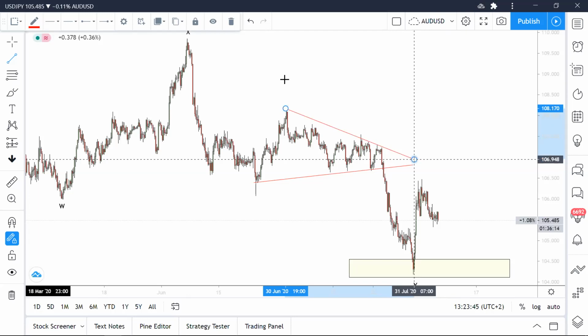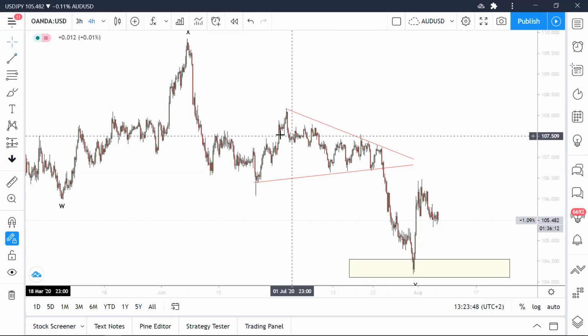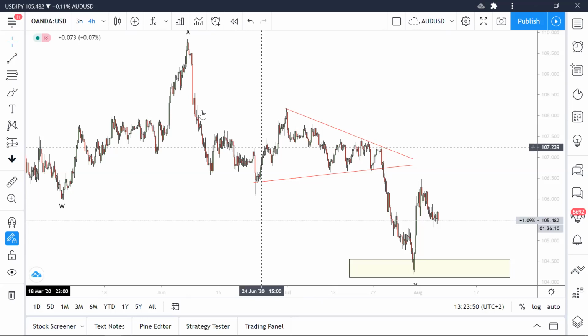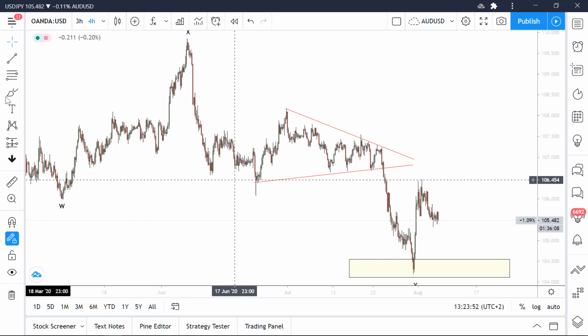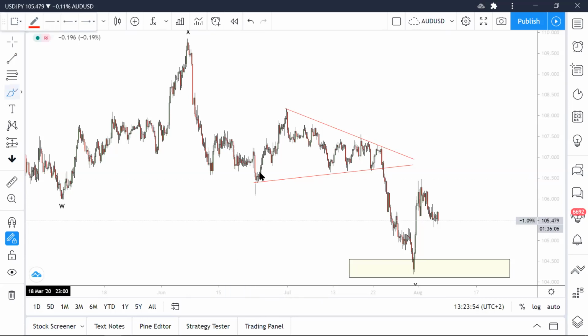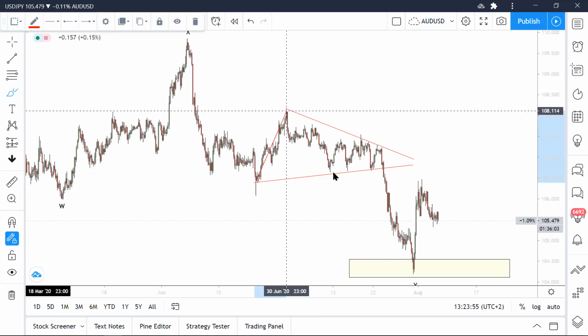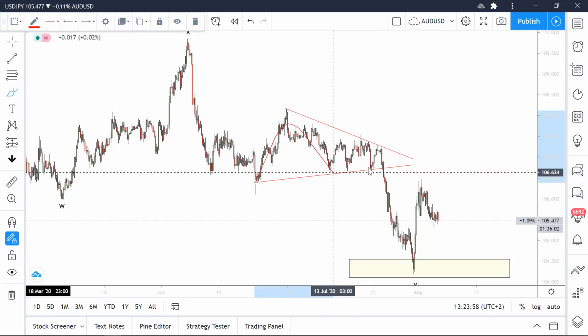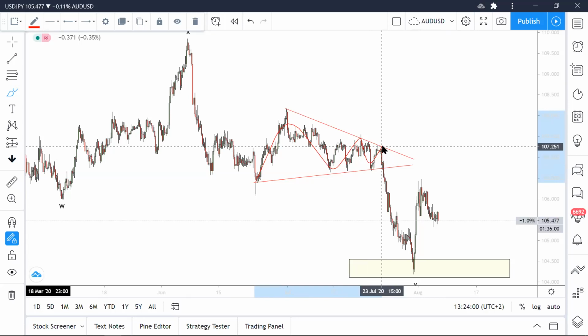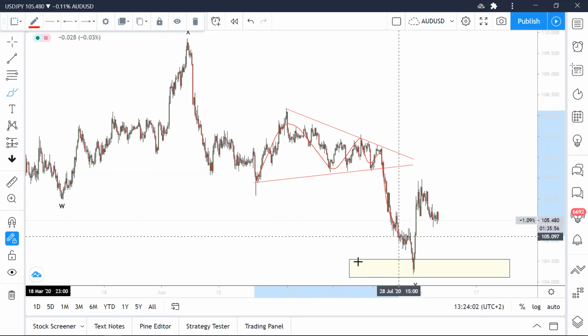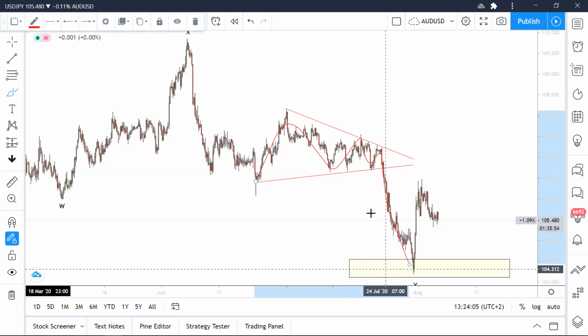Then what we can see is that within this corrective structure, you had this impulse move to the downside, right? And then you sort of have A, B, C, D, E corrective structure. And then you had this continuation to the downside to complete your wave W, right?